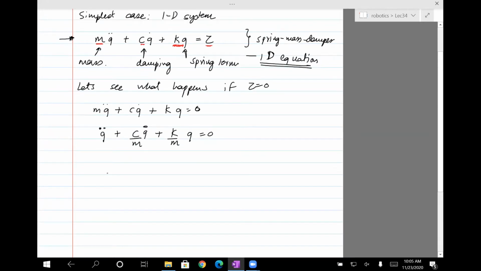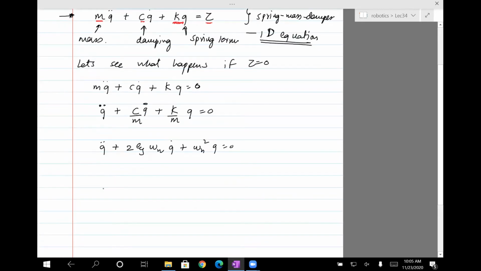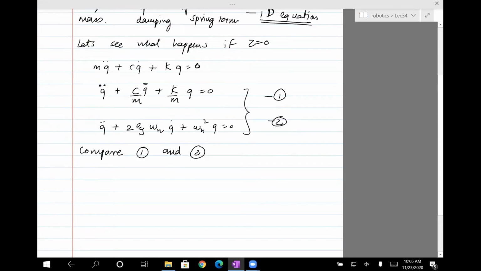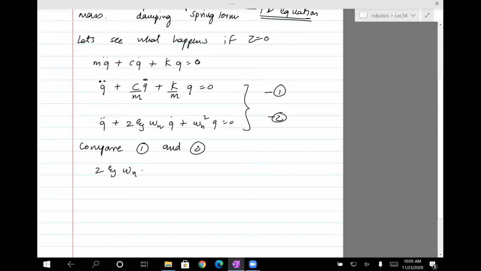And now, if you remember, this can be written in terms of a damping constant times q dot plus omega n square q equals 0, where the damping constant eta is simply, or rather, if you compare the two, so let's compare 1 and 2, and we see that 2 eta omega n equals c divided by m, and omega n square is k divided by m.